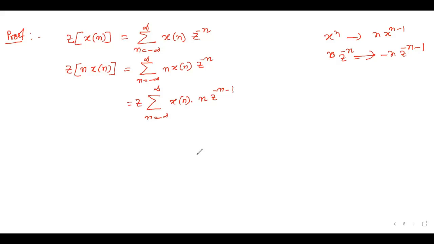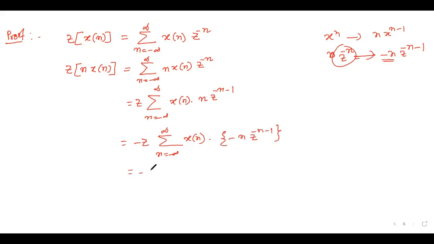A minus sign also comes, because the derivative of z to the power minus n is minus n. So you can adjust this minus z outside the sum from n equal to minus infinity to plus infinity of x[n] times minus n z to the power minus n minus 1.